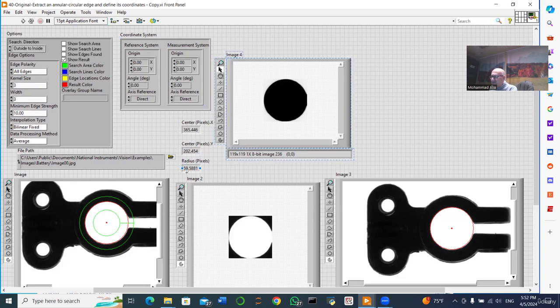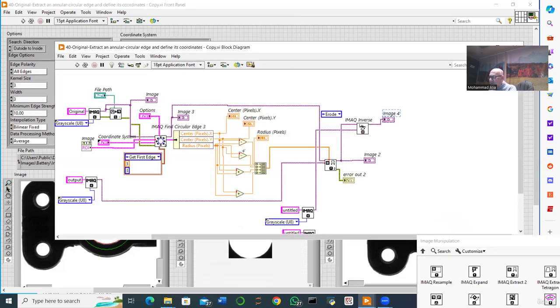The values of the radius and the XY values of the center are given here. They are shown from the block diagram here. We know this is X. I took a terminal here as an indicator, and I took a terminal as the Y indicator. Also, I have an indicator for the radius, and I can work with them as I want.